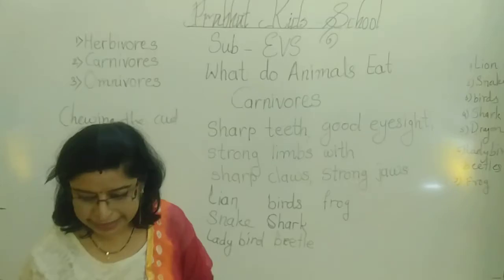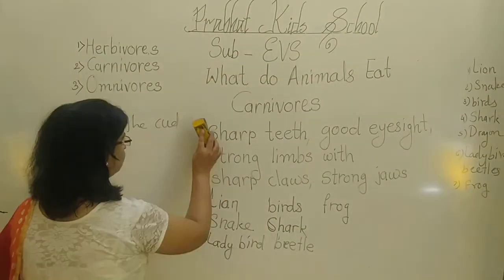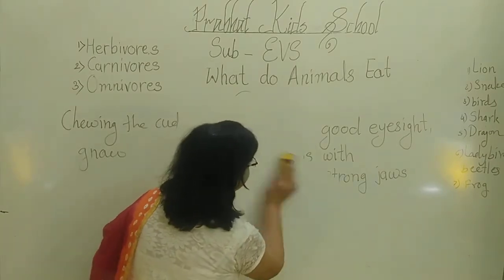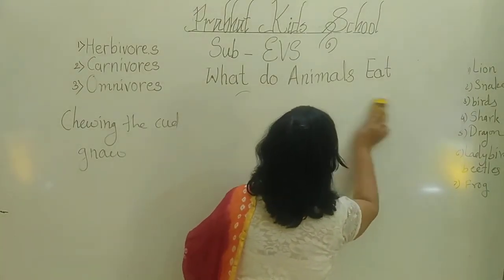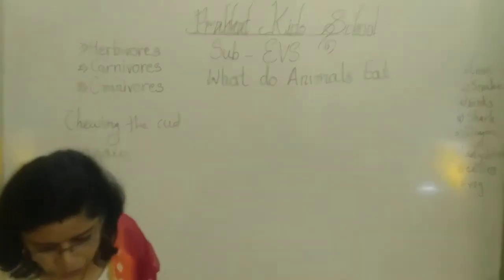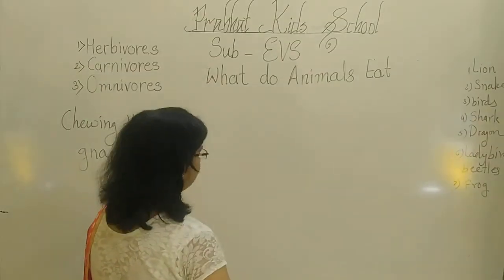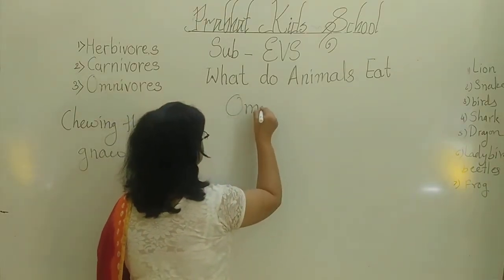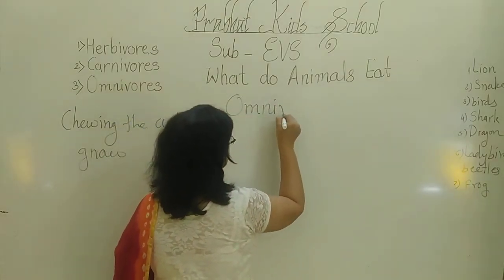Now another one is the omnivorous animals. Omnivorous means what? That day I just gave an idea. Which animals do we call omnivorous? When we wrote down some animal names.